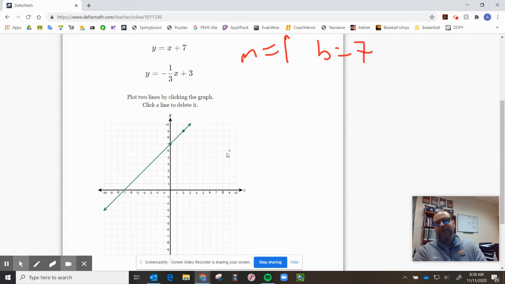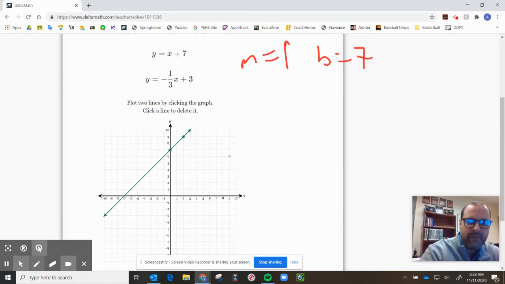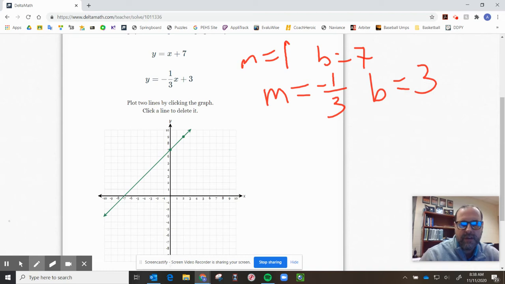This is way easier than how we used to do it, which was by hand. You had to graph it on a chart, so this goes way faster. Next up, we have a slope of -1/3 and a y-intercept of 3.